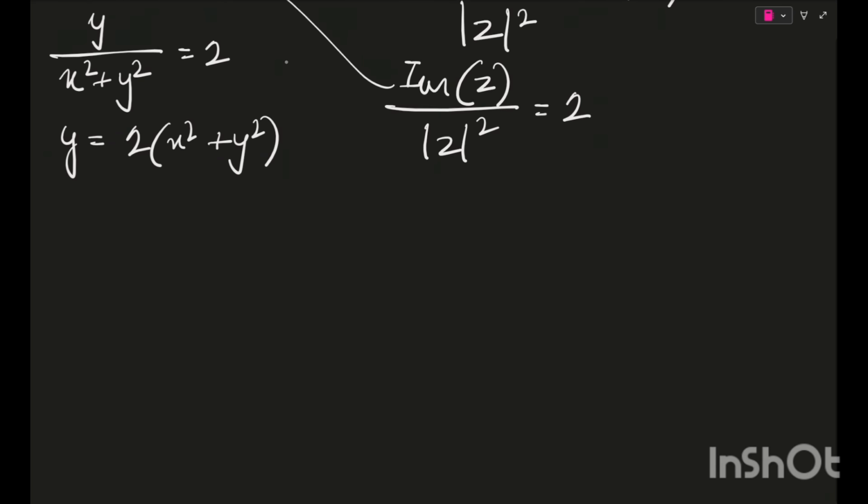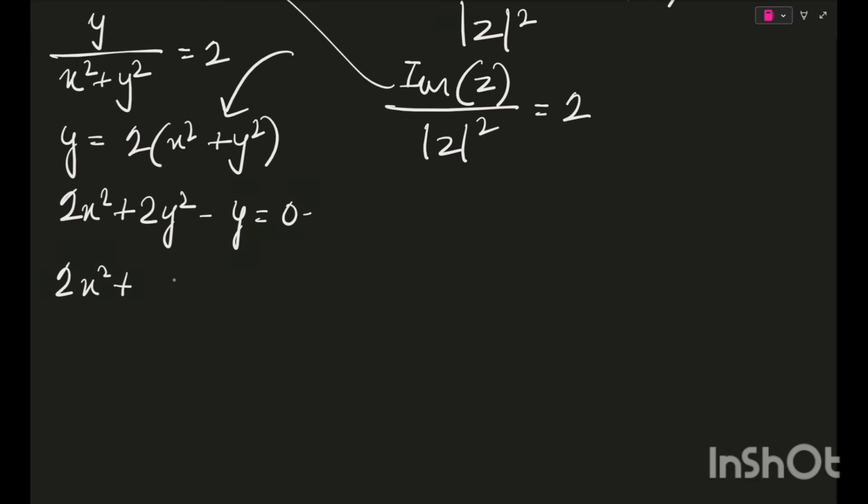Our target was to find the equation of the circle which contains the vertices of the octagon. So right now we will convert this into the circle's equation because everything is there, only we have to square it up. So 2x square plus 2y square minus y equals 0. So 2x square plus 2 times y square minus y by 2 is equal to 0.